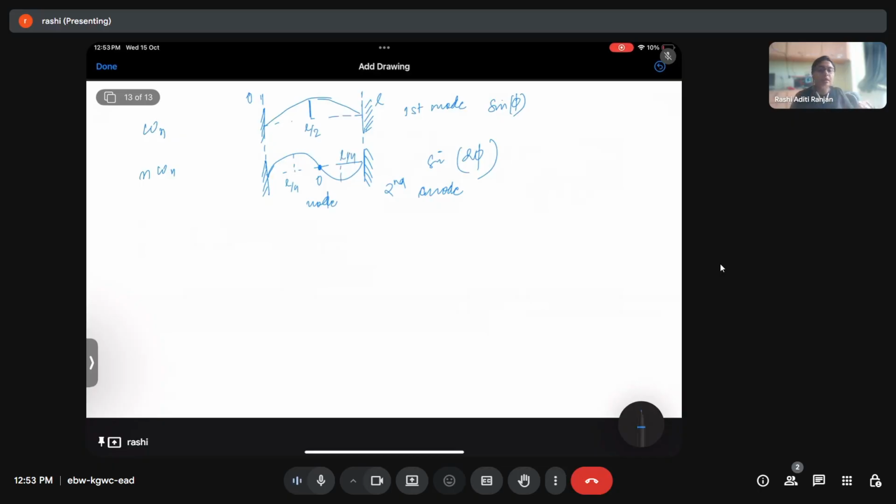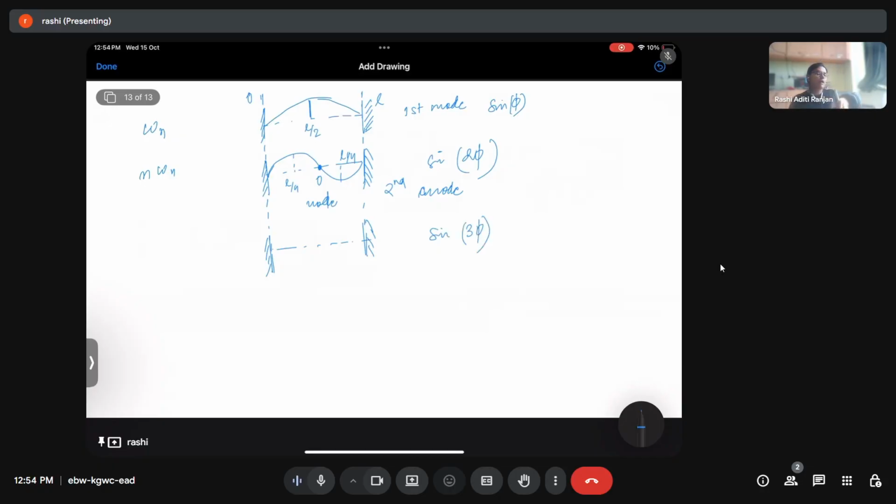Now, if you go into the third case, which is the third mode, likewise, you are going to get the diagram. Okay, I hope it is understandable. You're going to have sine of 3 phi, right?